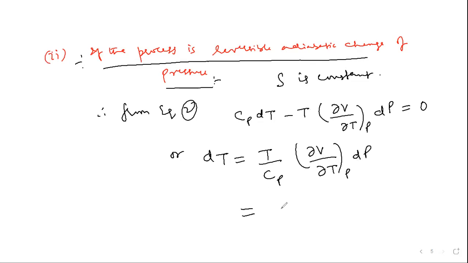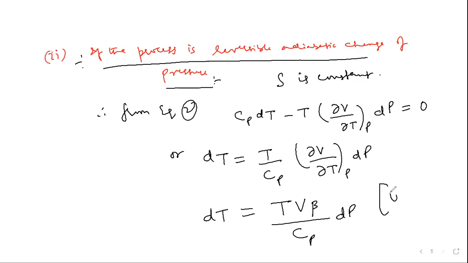And it can be written as V beta T over Cp dP.